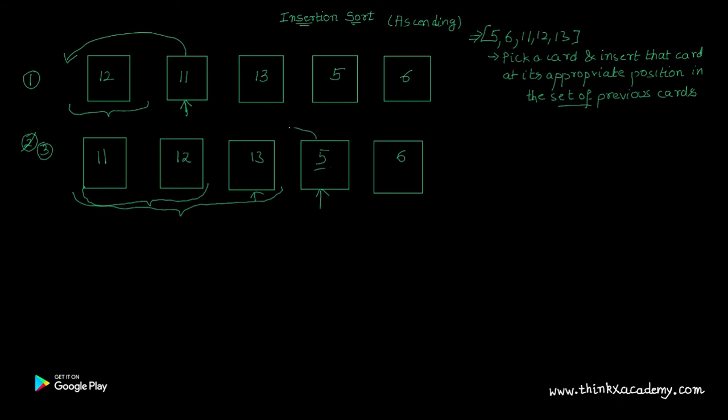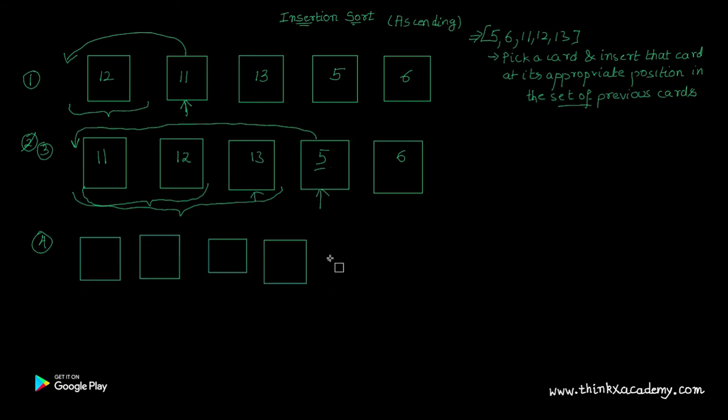We know that the appropriate position will be here. In the next step, which is the fourth step, our cards will look like this. 5 will come here, then 11, 12, 13 and 6. So our card 5 is moved to this position, which is the appropriate position.